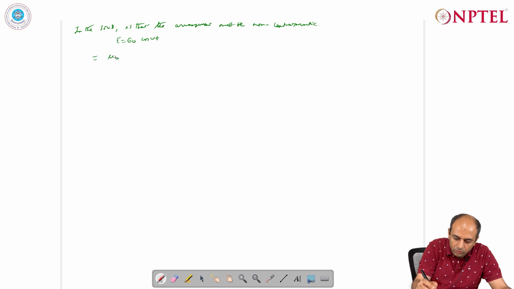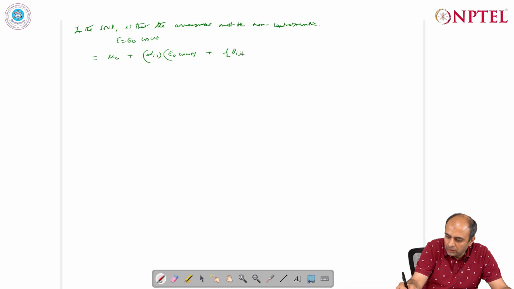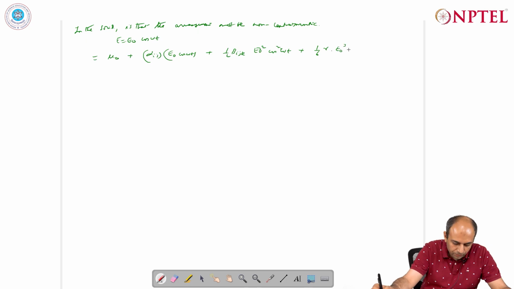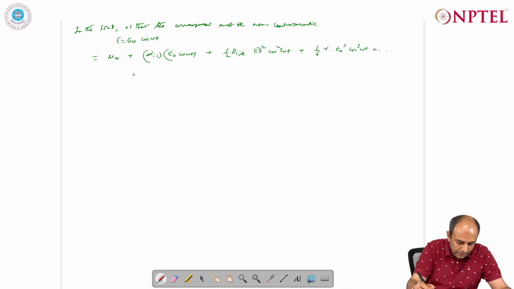So that will make it mu 0 plus alpha ij E0 cos omega t plus half beta ij k E0 square cos square omega t plus 1 by 6 gamma E0 cube cos cube omega t. And now we know that cos square omega t is equal to half plus half cos 2 omega t.